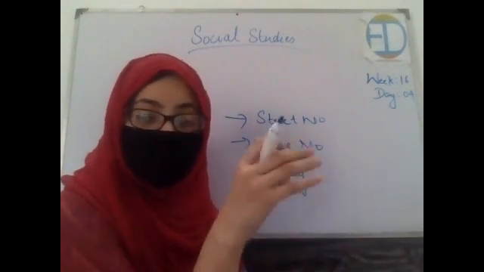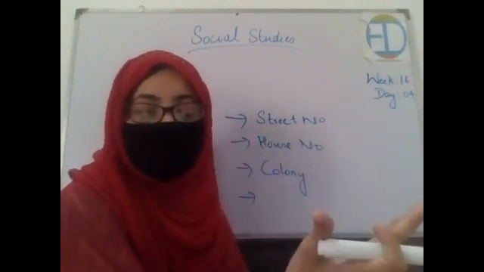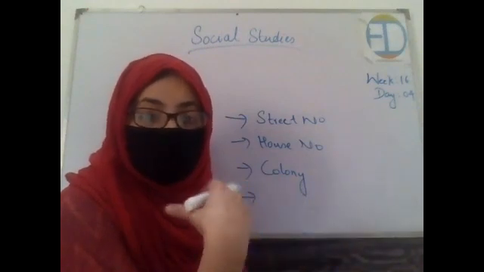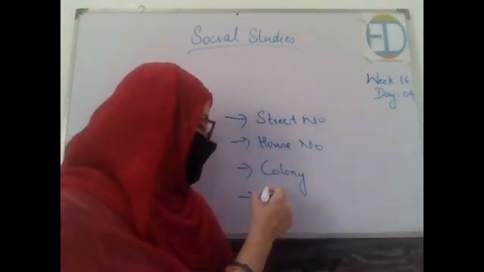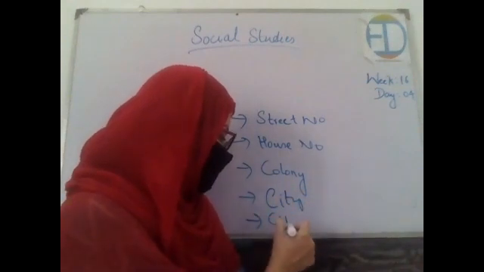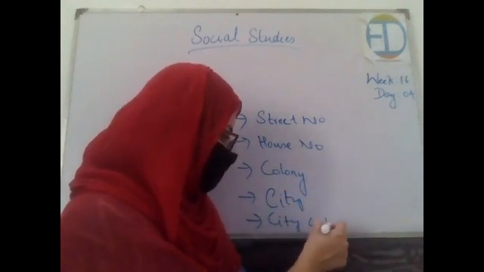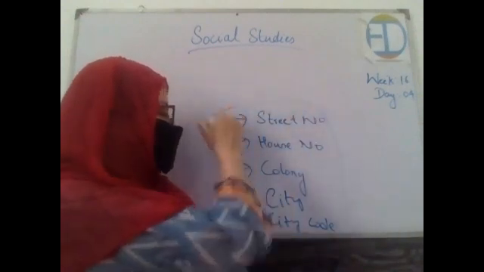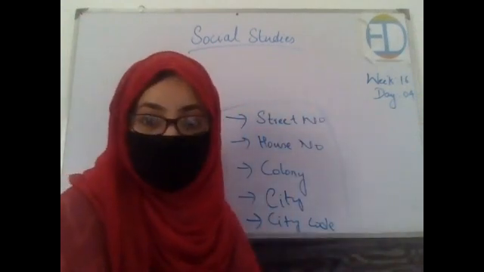We include such details so that it gets easier for the person trying to reach us to find the address. Similarly, we talk about the city and the city code as well. So these are the most important things included in an address.